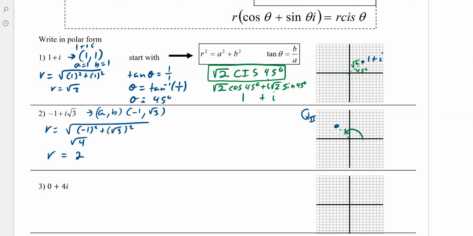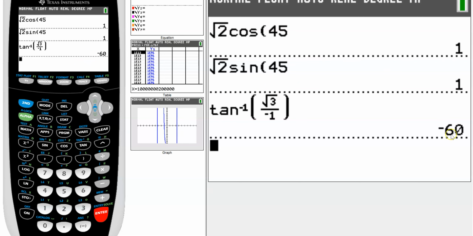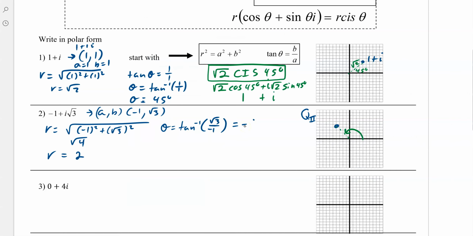So let's move on to the next part. So theta will be the inverse tangent of b over a. So what is the inverse tangent of the square root of 3 over negative 1? So it's negative 60. So this is negative 60. So we need to take our radius of 2 here and our negative 60.